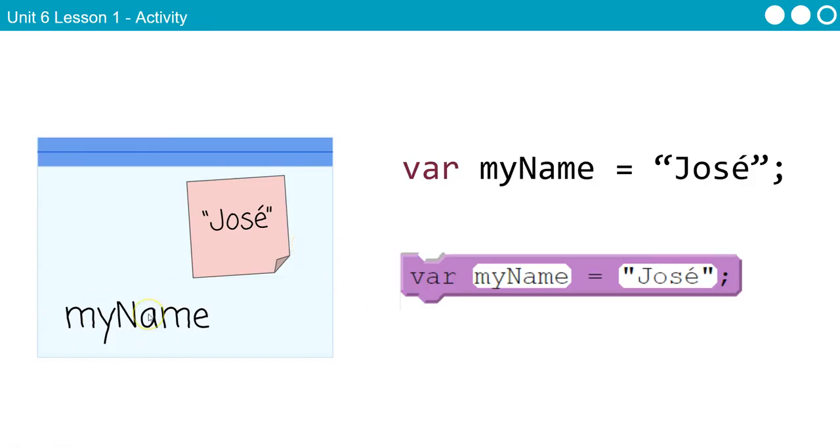We would give the name to our variable, in this case just my name, and the value we have assigned to this my name variable is Jose. You should at this point know this var keyword is what we use to create a variable. So this line, whether you're looking at it in text mode or block mode, I'm telling JavaScript, hey, I want to create a variable. It's going to be my name, and it's going to hold this single value, which is the string Jose.